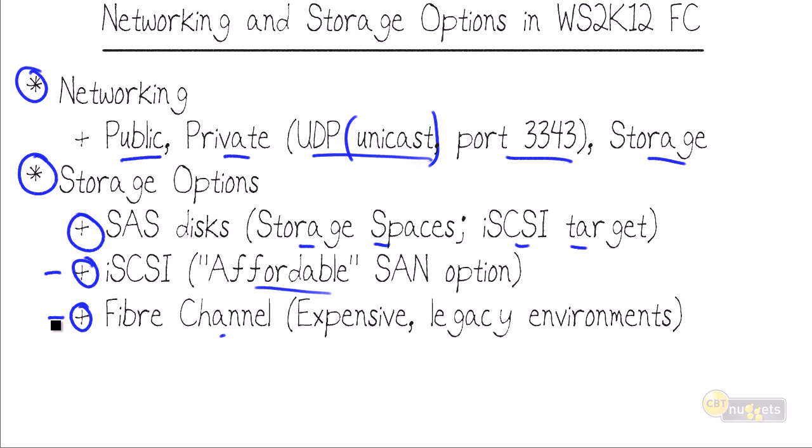Customers who already have Fiber Channel are going to want to stick with it because of its cost. Otherwise, you will get your best bang for your buck from iSCSI. I will say parenthetically that Hyper-V in Windows Server 2012 supports virtual fiber channel, such that you can actually leverage your physical fiber channel SAN inside your virtual machines in Hyper-V.